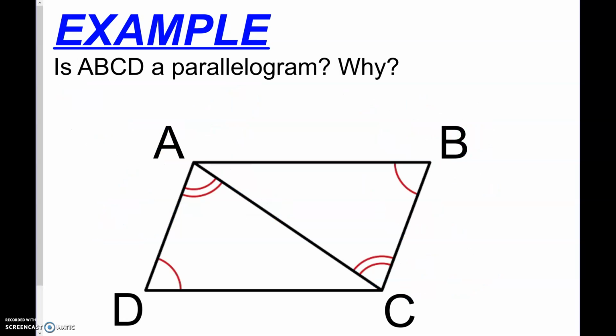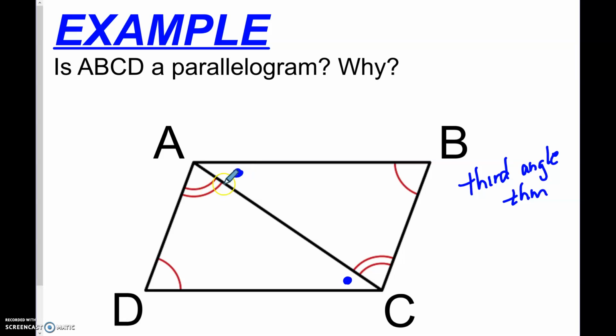All right, is this a parallelogram? So does it fit one of those 6 reasons? Well, what do we have? One pair of opposite angles are congruent. Do we know for sure that A is congruent to C? Well, let's see. In a triangle, we have this congruent to this and this congruent to this. So by the third angle theorem, does this angle have to be congruent to that angle?